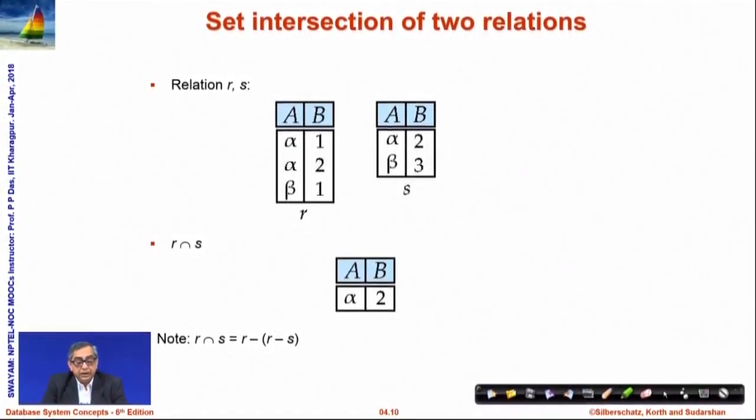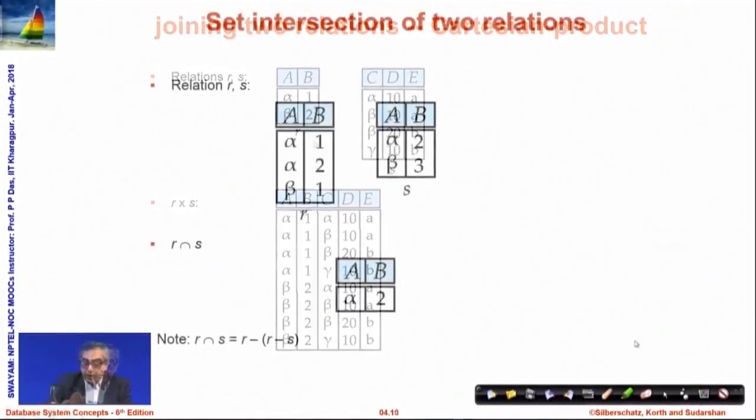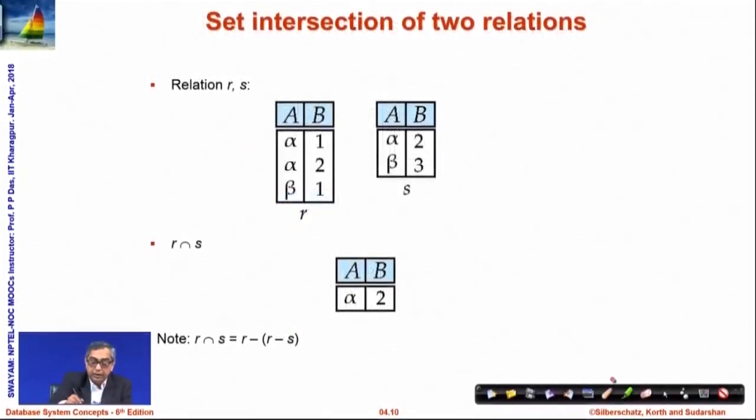Fifth is the set intersection of two relations. Again, the two relations need to have the same set of attributes. You can take their intersection, which is the record that belongs to both of them.